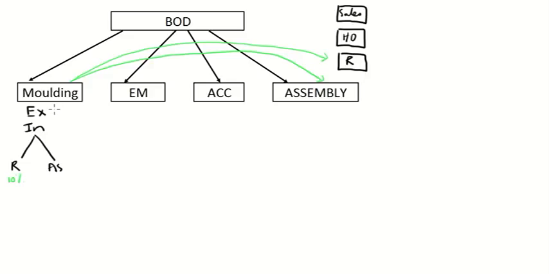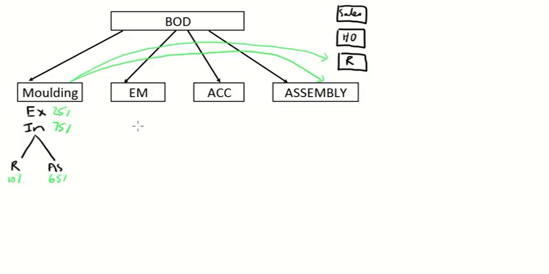They tell us that 25% of molding is sold externally, which means 75% is transferred internally. 10% of that 75% goes to repairs, which means that 65% goes to assembly.